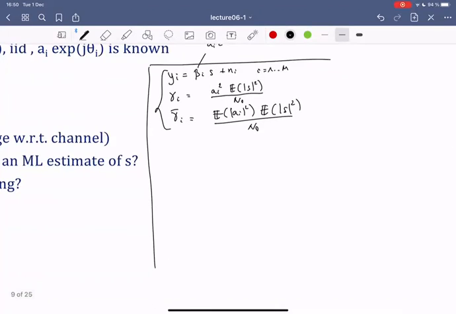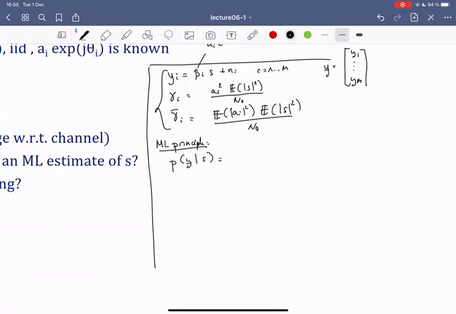Now, how to do the combining? We follow the maximum likelihood principle. So we first aggregate all the observations in a vector y, which is y1 till ym. And then we compute p of y given S. I should also condition on the beta i's, but they are given, so I will not worry about that.